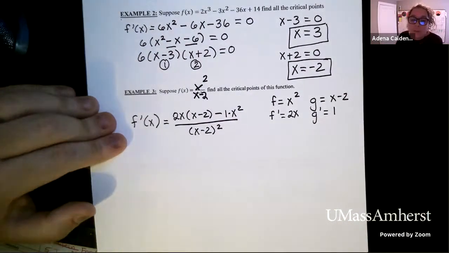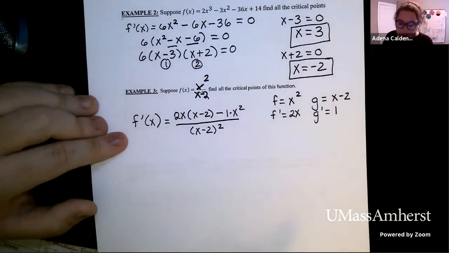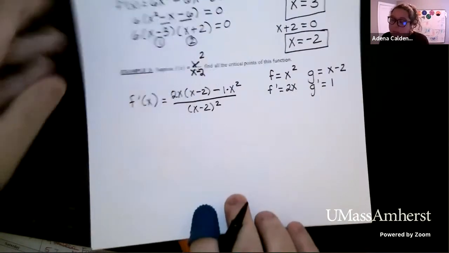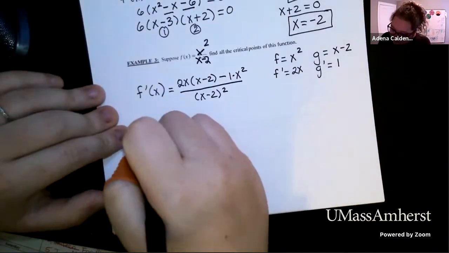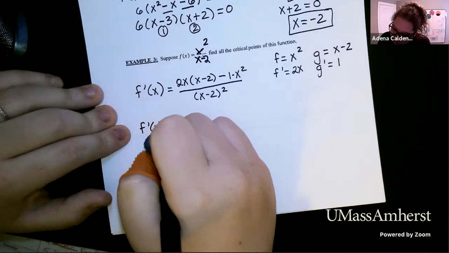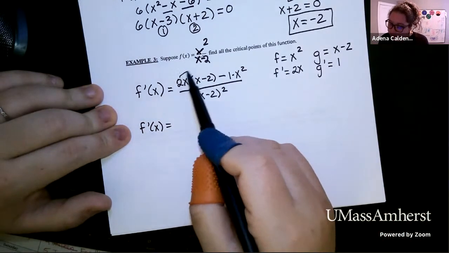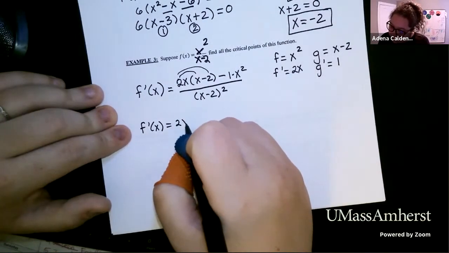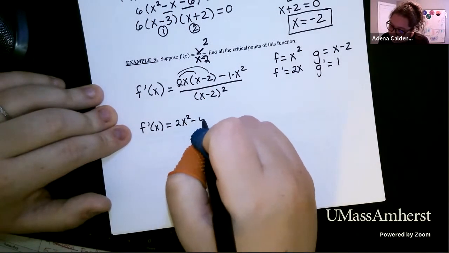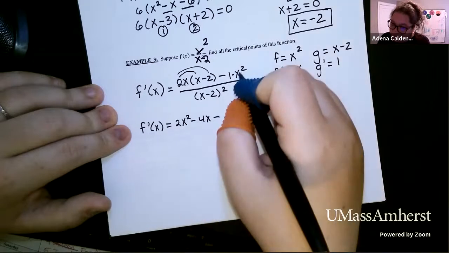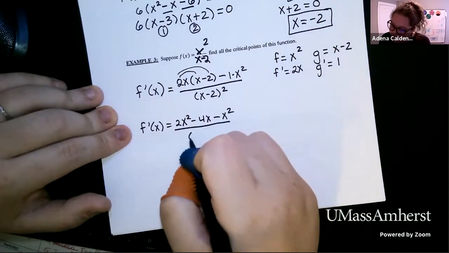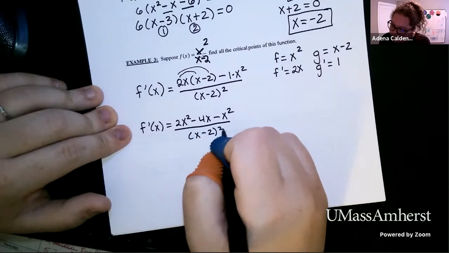Okay, so I'm going to simplify the numerator a little bit because now simplifying is going to become important because I'm actually solving for something here. So I'll do this in a couple steps. Here I'm going to distribute the 2x through this parenthesis. So I get 2x squared minus 4x, and then I still have this minus x squared over x minus 2 squared.